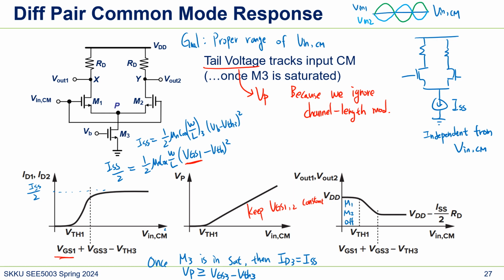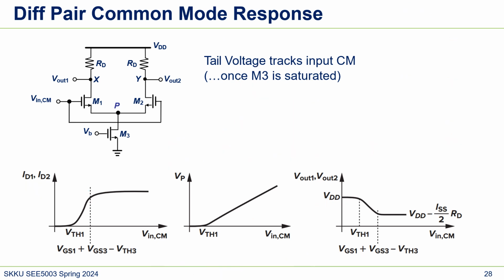So in this slide, what we get is that V in CM should be larger than that value, VGS1 plus VGS3 minus VTH3. Then what about here? Now let's see the maximum value of V in CM.